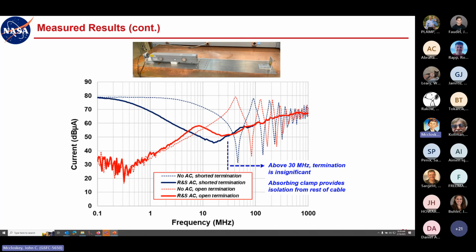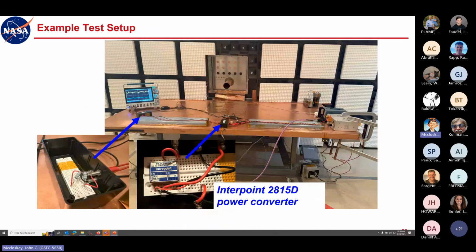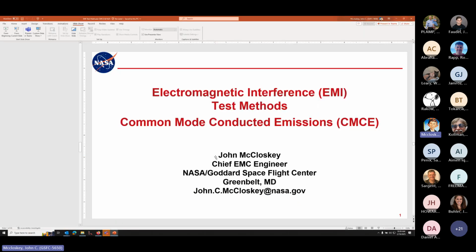It's just another indication that it gives you a more normalized measurement of what is inherently coming out of the EUT. And then we'll actually demonstrate some of these measurements when we get into the lab next week.